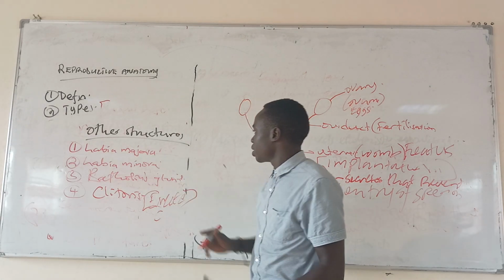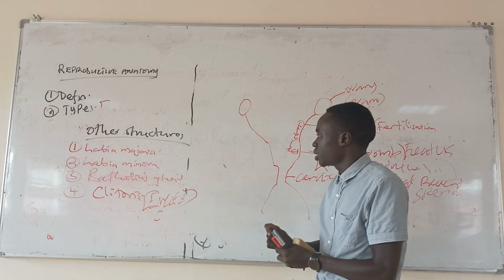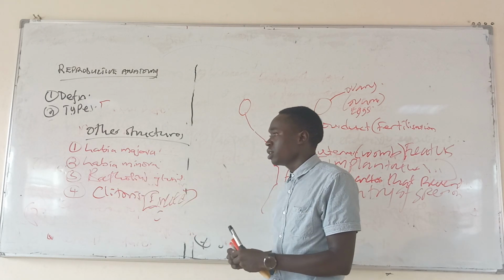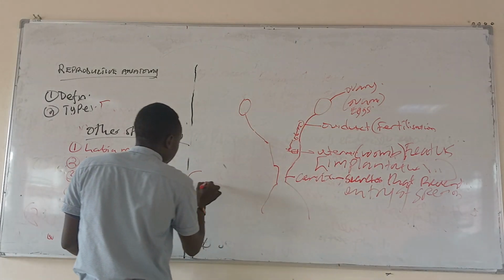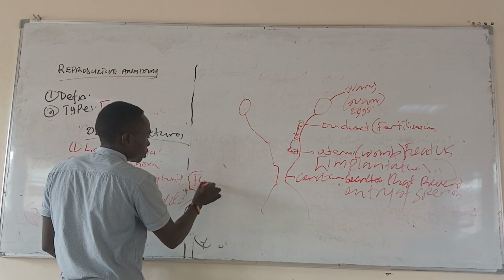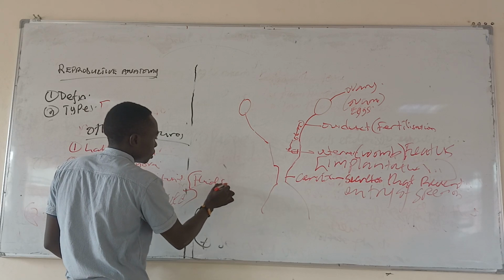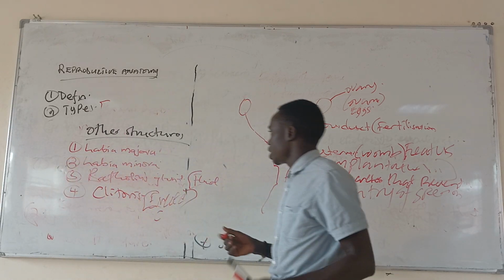Then, if you talk of the Bartholin's gland, it is the one found outward, near the vaginal opening, that secretes a fluid when females are sexually excited.